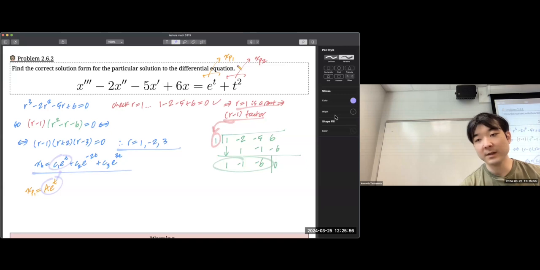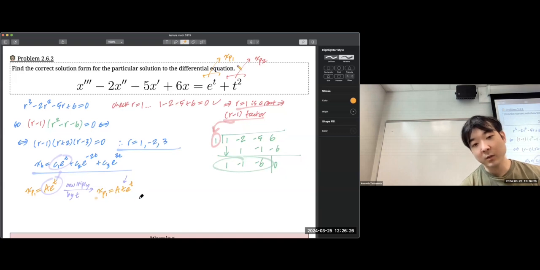So we'll have to multiply this one by t. If you multiply this one by t, you're done because you don't need to multiply more than once. Don't multiply more than you need because you'll get the wrong solution form. But you do want to multiply by 1 t. And that gives us our XP1.